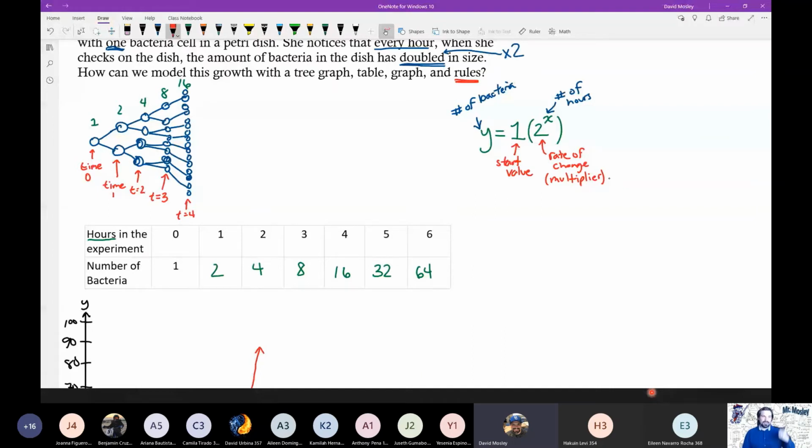It's a start value of 1, multiplier of 2. Right? It's kind of the most simple case. These can get much more complex, but this is like the base, the parent function, so to say, that we can use to adapt and change based on their given context.